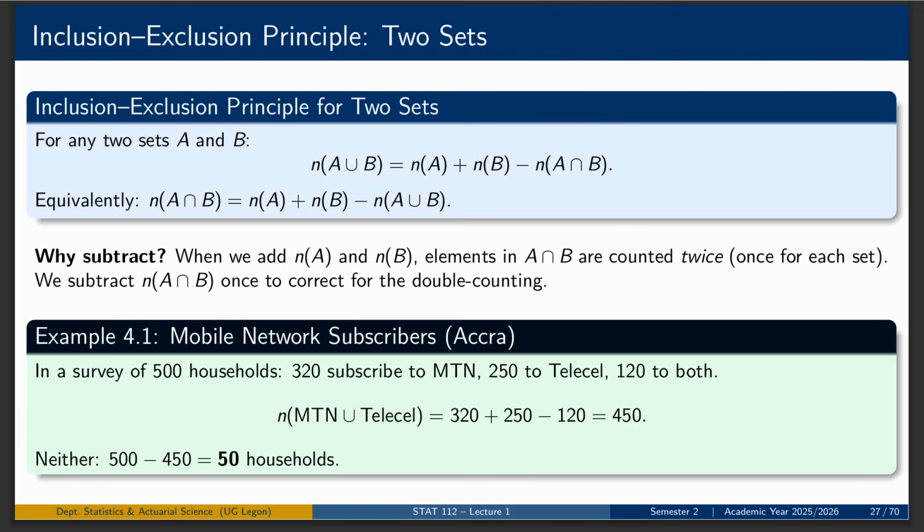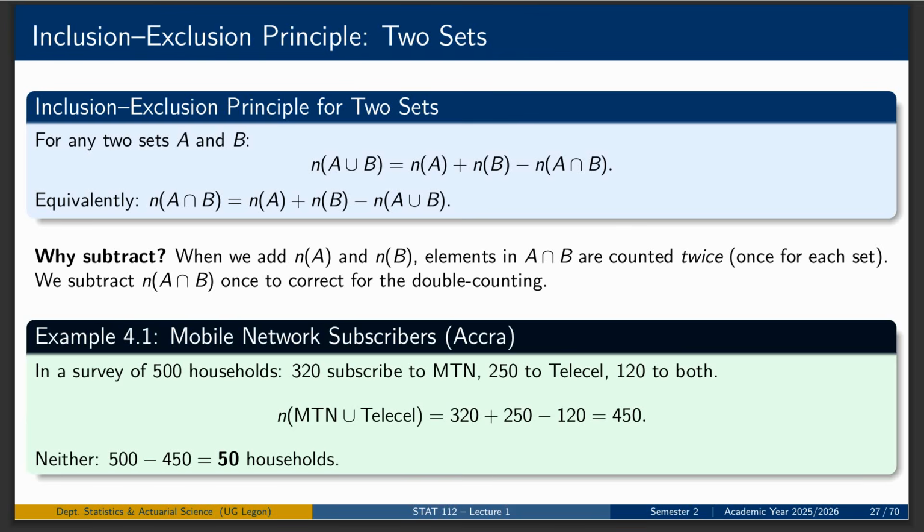And that's the inclusion-exclusion principle. So it means that the number in A union B will be the same as the number in A plus the number in B, but you count A intersection B twice, so you subtract one from it, and that gives you the value. And of course, you can get A intersection B from this.